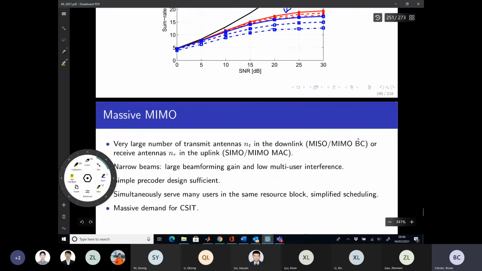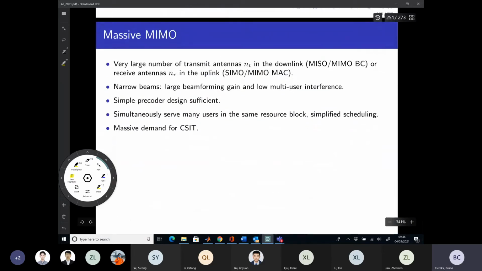Right, so let's move on to massive MIMO. So in massive MIMO, essentially, you're looking at uplink and downlink multi-user scenarios. So you're looking at broadcast channels, multi-antenna broadcast channels, multi-antenna multiple access channels. But the big difference is that the number of antennas at the base station is much larger.